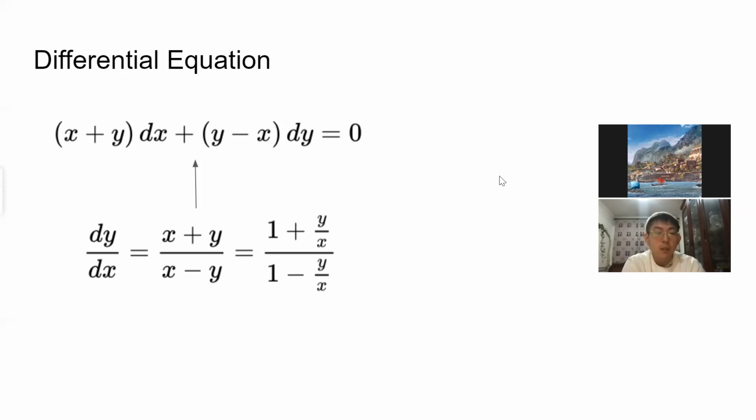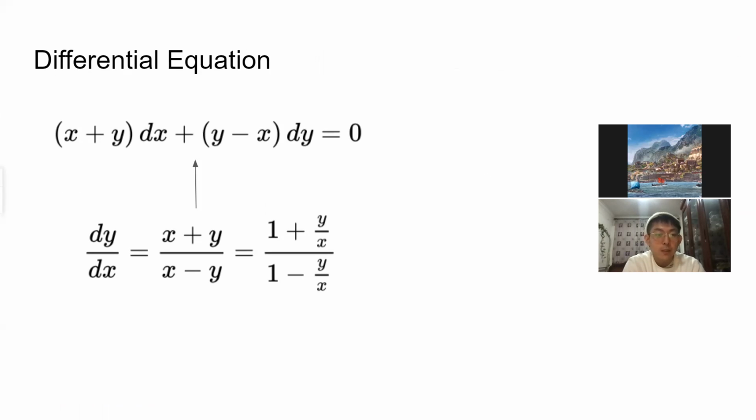Okay, the third method to find a homogeneous equation. As you can see, this equation dy over dx equals x plus y over x minus y.